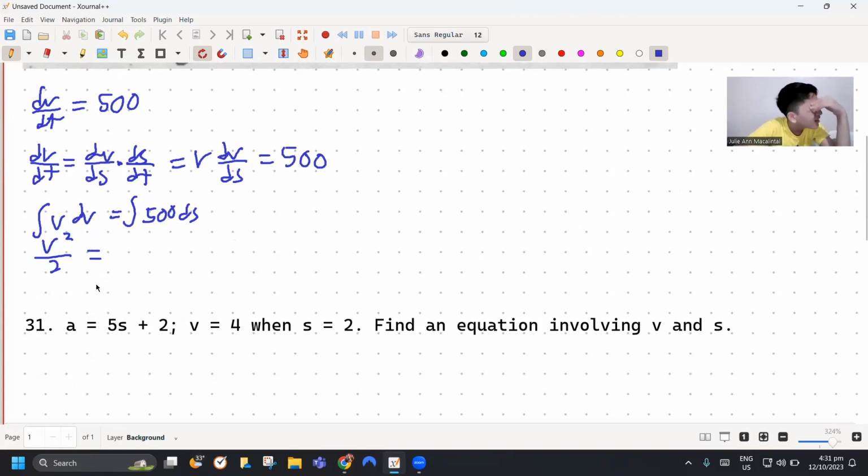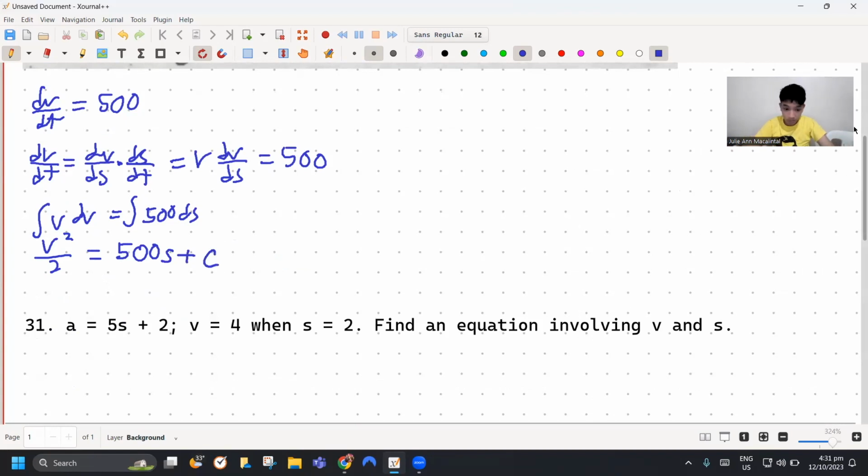Plus a constant, di ba? Nag-integrate ka eh. So dapat may arbitrary constant. And then fit mo yung constant to the given conditions.